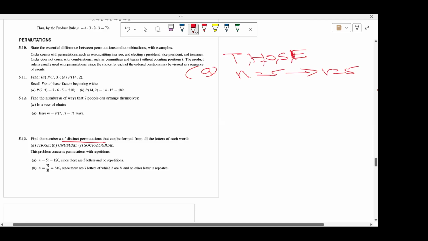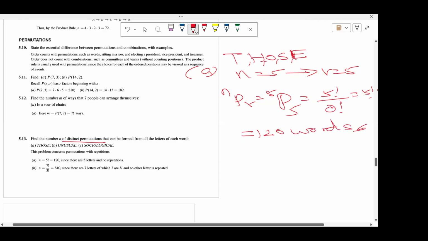So if you want to apply permutation, it is nPr, in this case 5P5. 5 factorial over 5 minus 5 factorial, that is 0 factorial, which is equal to 1. So 5 factorial means we are generating 120 words for the first question.